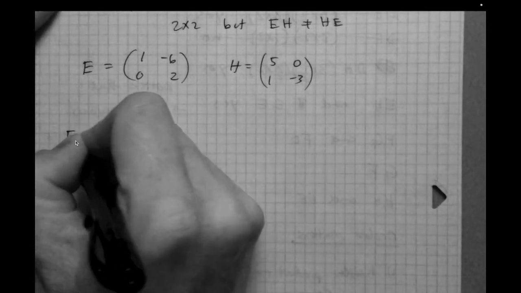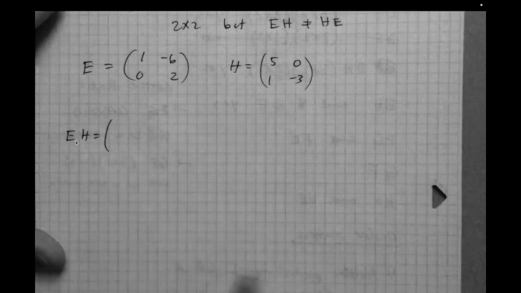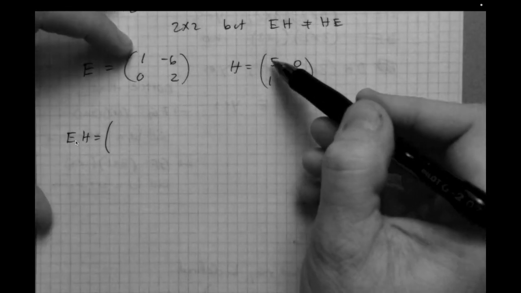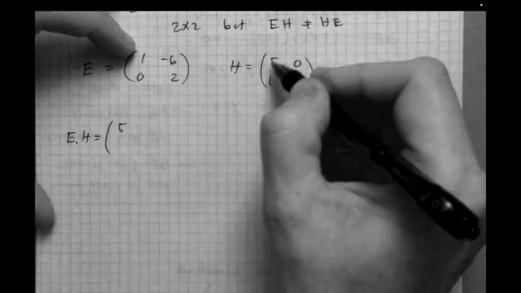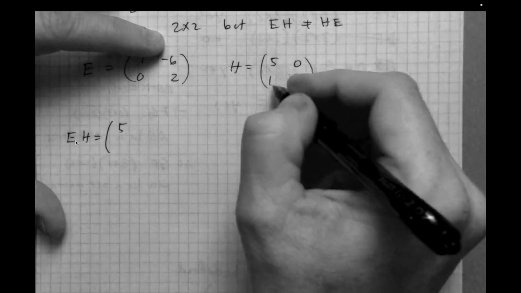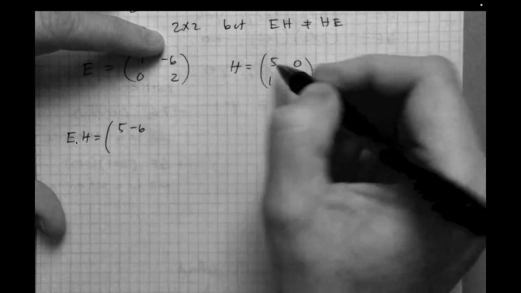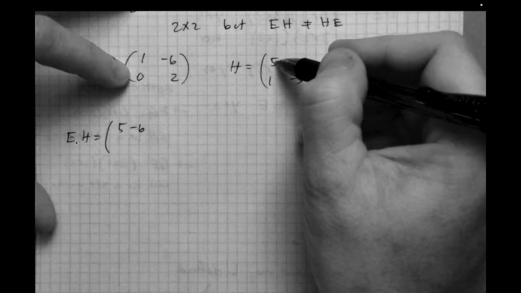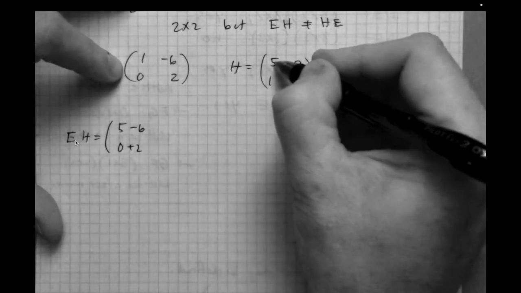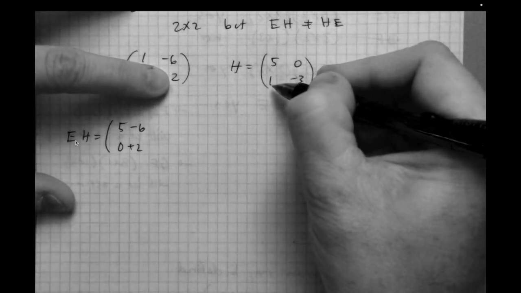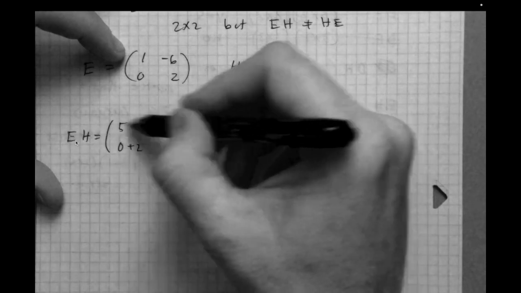So we'll start with EH. Right, so it's going to be 1 times 5 is 5, and then negative 6 times 1 is -6. So 5 minus 6 for the first entry. And then 0 plus 2. So 0 times 5 is 0. 2 times 1 is 2. So 0 plus 2. Okay, and that gets us the first column.